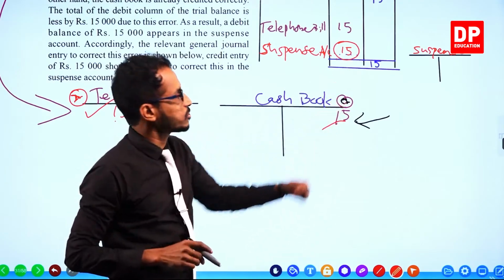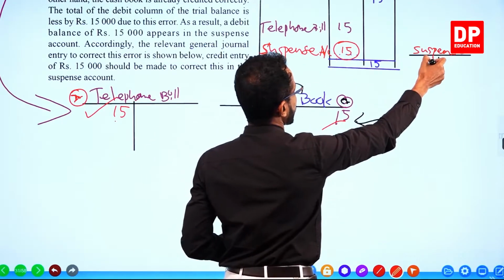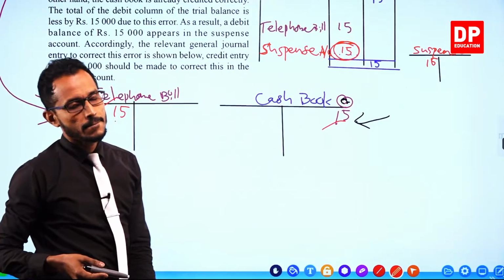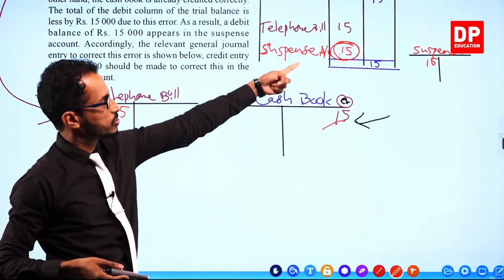We must record that shortage in a suspense account, same side as the shortage, where the shortage exists.